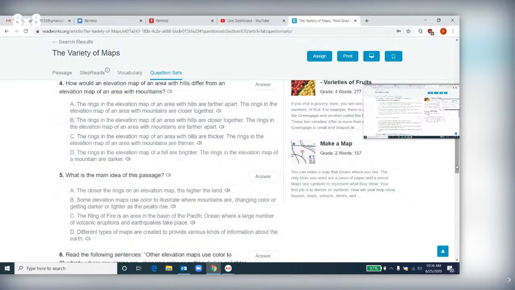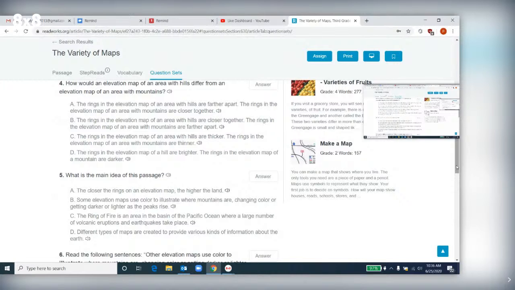It does mention that, but is that really the main idea or is that a detail? And D says different types of maps are created to provide various kinds of information about the Earth. And that's really what this article is, because it talks about different types of maps for whatever you're looking for. And we kind of went over that before. So this one is similar to, I think it's 2 or 3, but it would be D. Different types of maps are created to provide various kinds of information about the Earth.